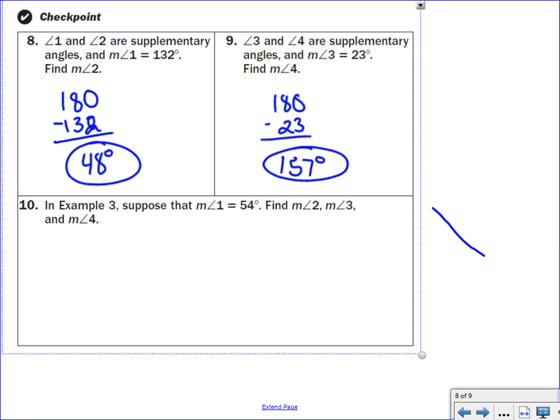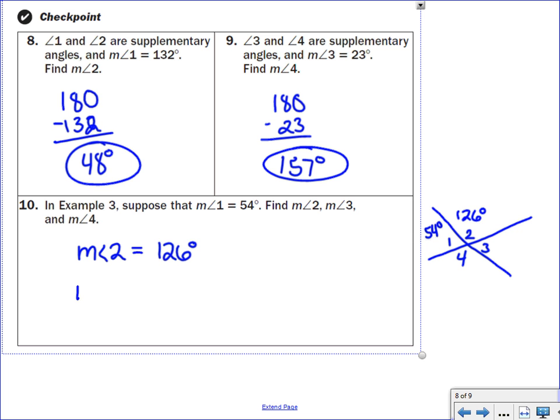Remember that problem 1 looks like this, with the measures of angles 1, 2, 3, and 4. If the measure of angle 1 is 54 degrees, we need to find the measure of angle 2. So we take 180 minus the 54, and we find that the measure of angle 2 is 126 degrees.